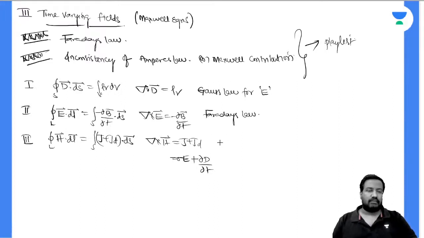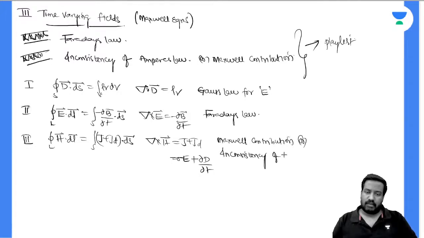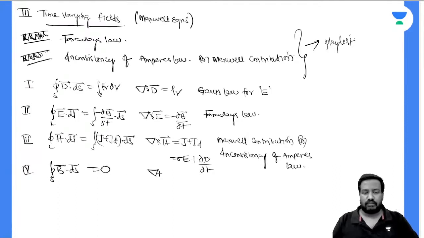This is the concept of Maxwell contribution, also called inconsistency of Ampere's law.